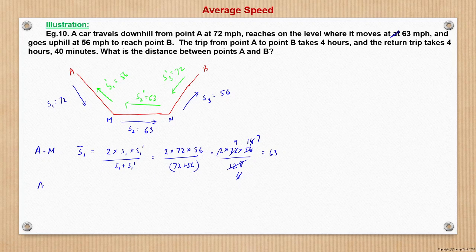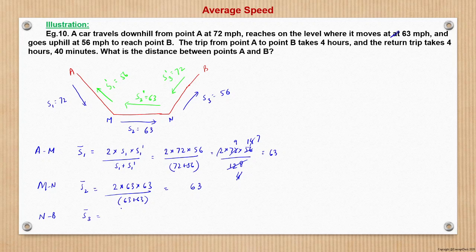Similarly, for the part MN, average speed S2 bar will be again 2 into 63 upon 63 plus 63, which is nothing but 63 only. And then for the part NB, S3 bar average speed, the distance is the same, once going up then coming down.